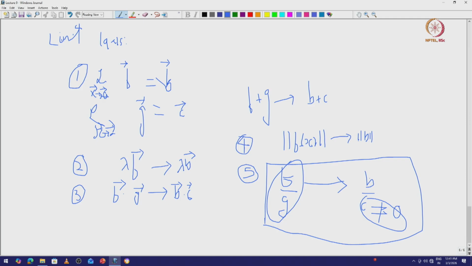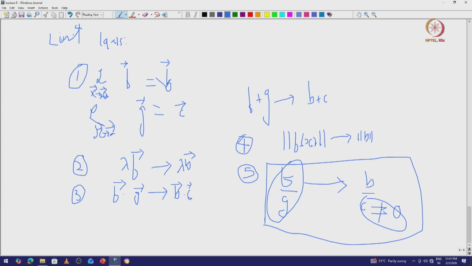Nothing about this set of properties is shocking, because they are exactly the same properties that work even in the one variable situation, and as we will see, the proofs will also be similar. The same laws apply for continuity as well. If f is continuous at a and g is continuous at a, f plus g is continuous at a. If you scale a continuous function by a number, the resulting thing is still continuous.